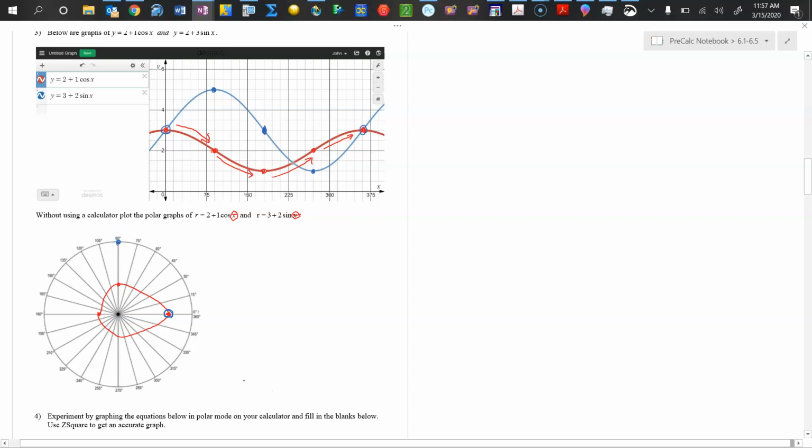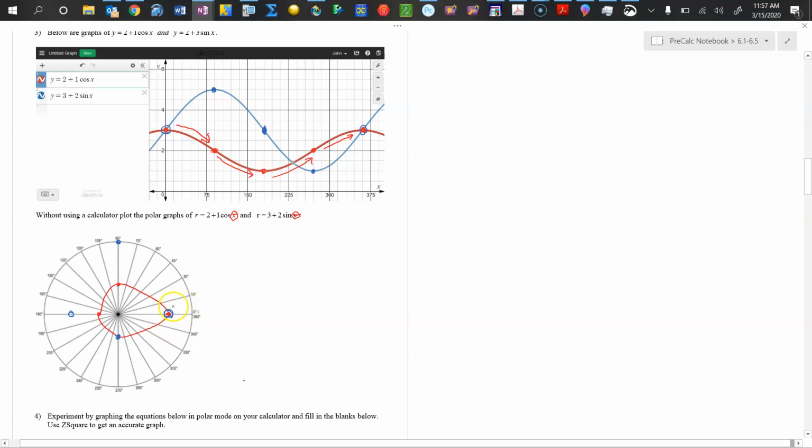At 180 degrees, r is equal to 3, so that's going to be about right there. At 270 degrees, we're going to be at 1, so that is going to be right here. And when we get back to 360 degrees, we're going to be back at 3.